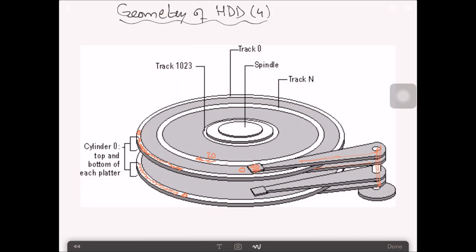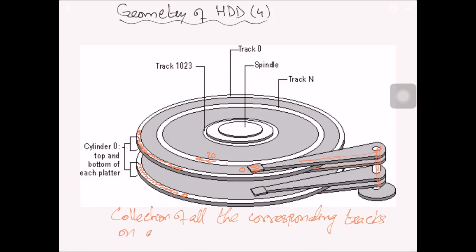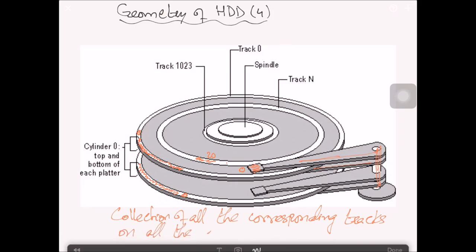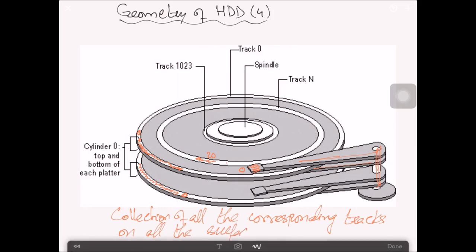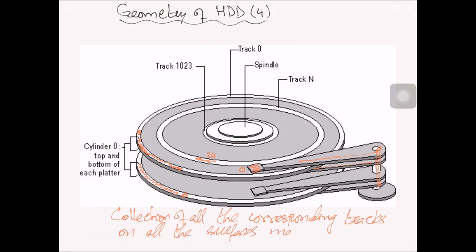So once again, let me say that the collection of all the corresponding tracks on all the surfaces makes up a cylinder.